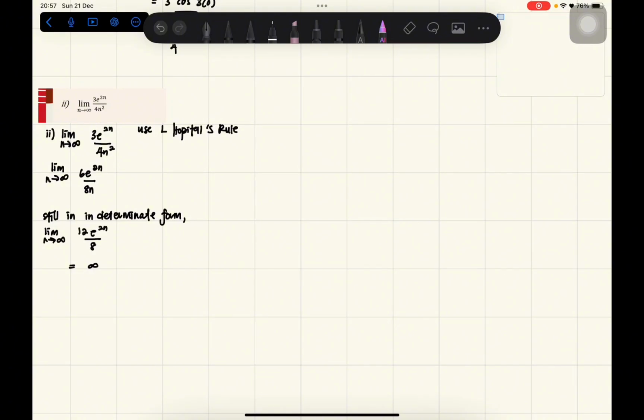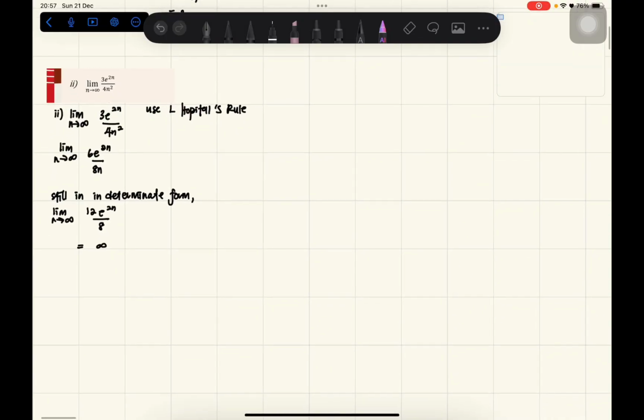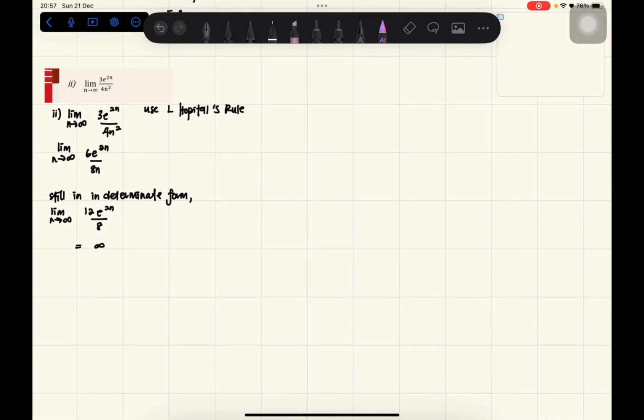So just like before, we have to find the derivative of 3e to the power of 2n and 4n to the power of 2. To find the derivative, 3e to the 2n times 2, and 4n squared will be 4 times 2n.